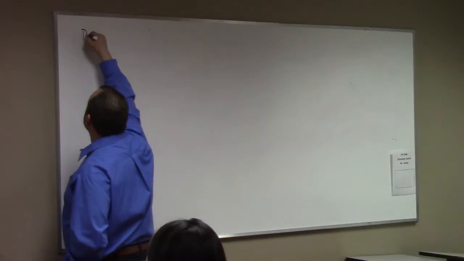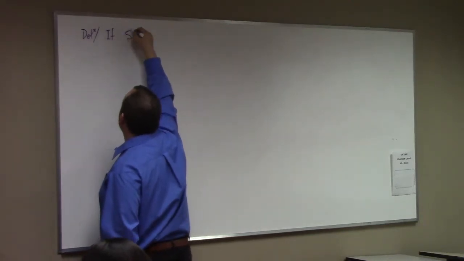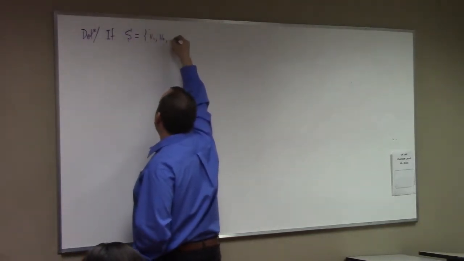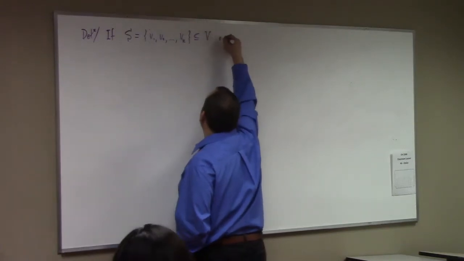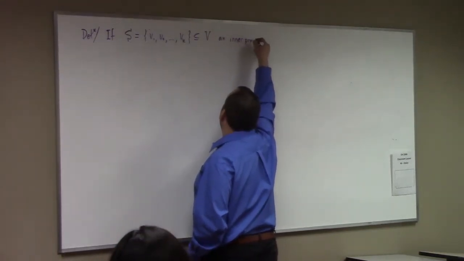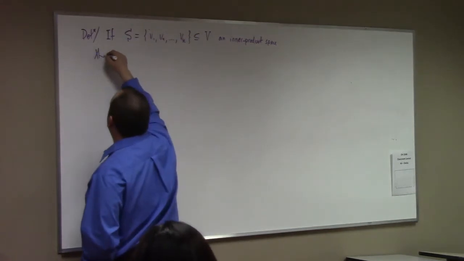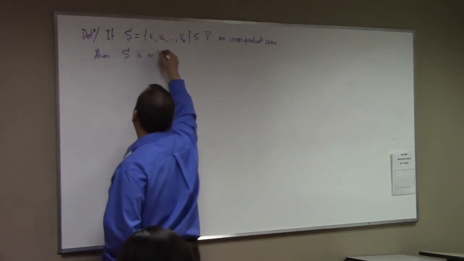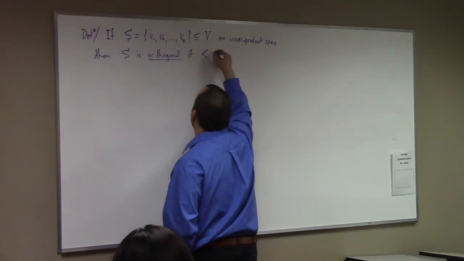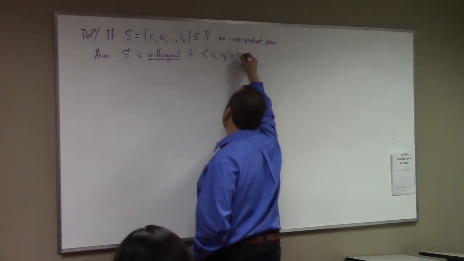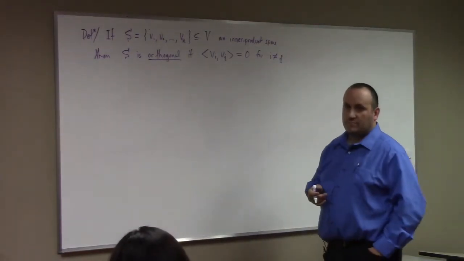So, definition. If S equal to {v1, v2, ..., vk} is a subset of V, an inner product space, then S is orthogonal if the inner product of vi and vj is equal to 0 for i not equal to j, for all i and j.